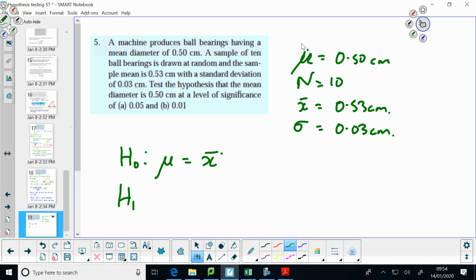The alternative hypothesis: it says test the hypothesis that the mean diameter is 0.5, so the alternative must be anything but that, not equal to, and therefore we want to do a two-tailed test.